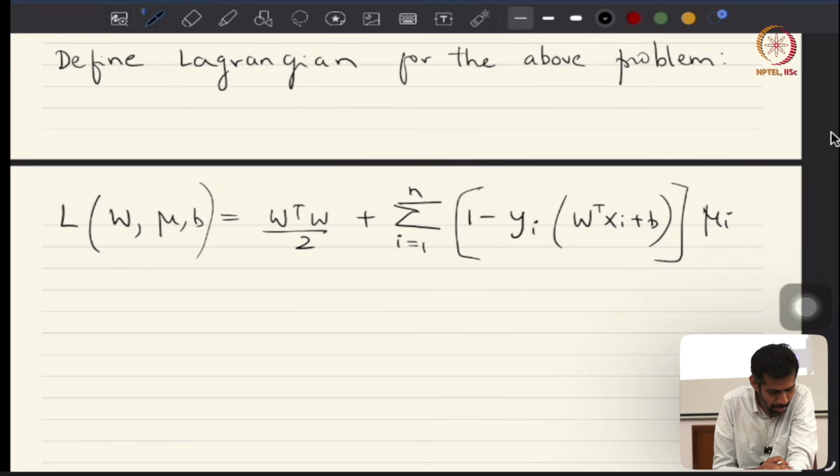You write it as W transpose W because when you take the derivative with respect to vectors, it's easier to write it as 2 times W and cancel that 2 out. That's why you need that 2 also. Algebraically it works out nicely. Okay. Now, KKT.